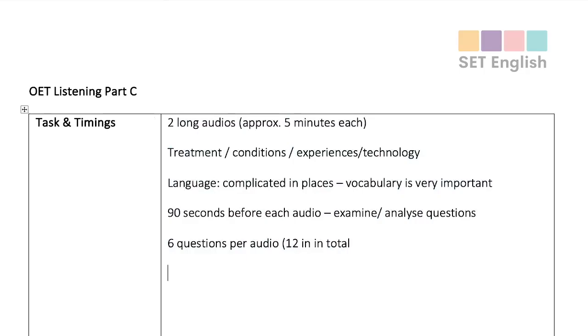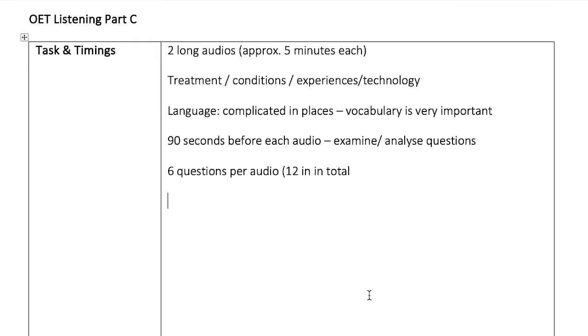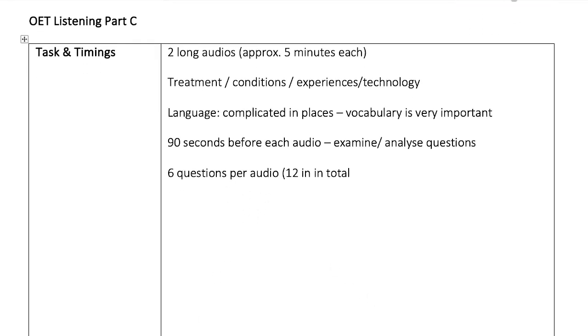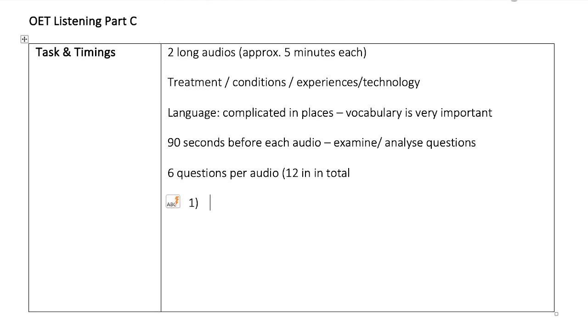Now, there are going to be different types of audio that you're going to hear. Type 1 is going to be an interview. An interview is what we call a dialogue, and a dialogue means 2 speakers.